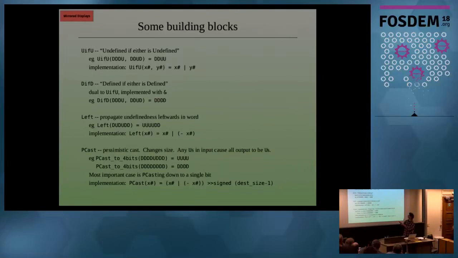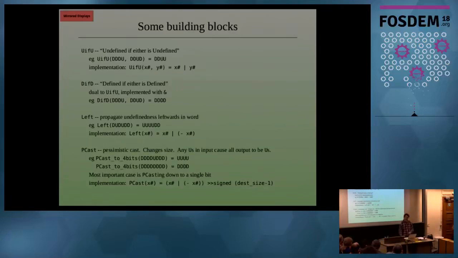Here's an example: I'm writing a 4-bit vector dddu, meaning 3 bits defined and the fourth undefined. We combine it with ddud. So we get 2 bits which are defined and then 2 bits which are undefined. Because defined is 0 and undefined is 1, you can just implement it using a standard OR operation.